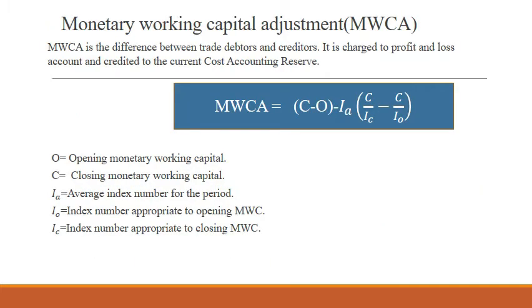Monetary working capital adjustment, MWCA. It is the difference between trade debtors and creditors. It is charged to the profit and loss account and credited to the current cost accounting reserve.